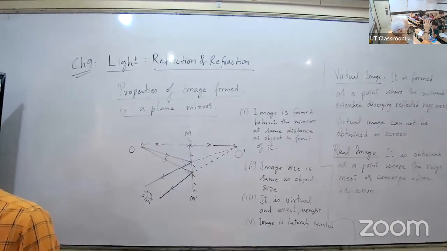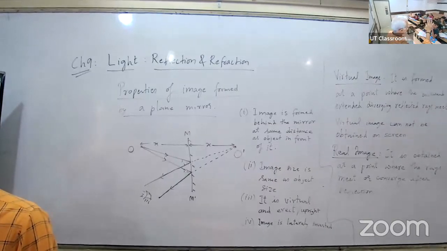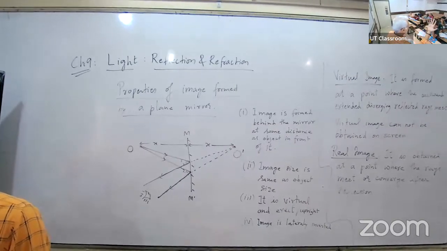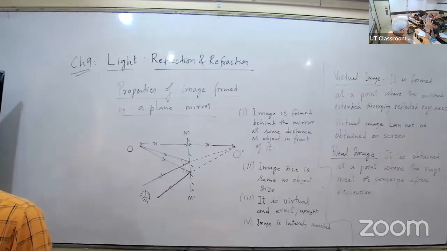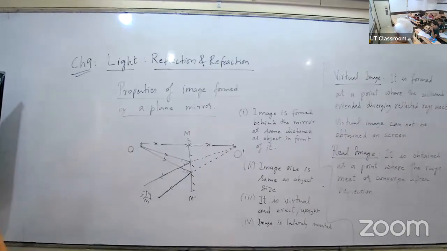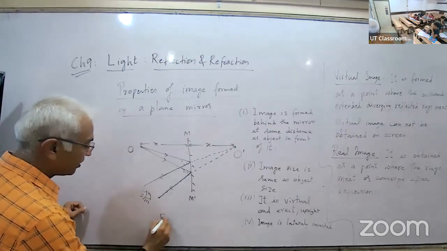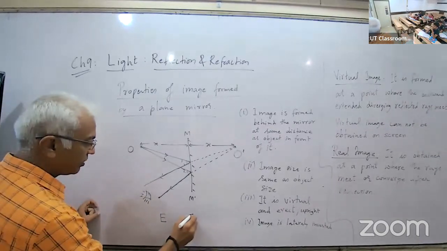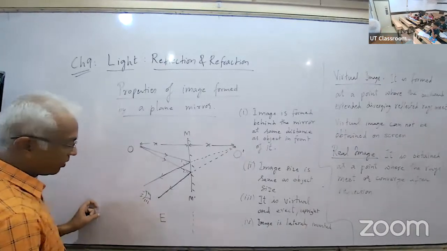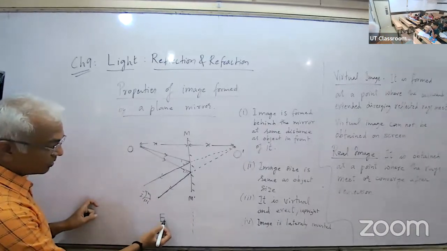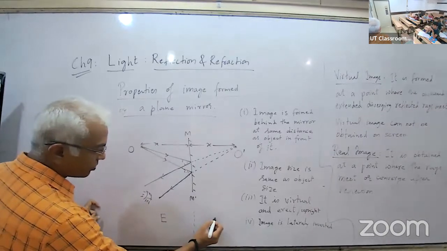So when you do the palm like this, the image will be like this. Okay? You can verify this today in your house. If you see letter E, how will the image be obtained? Which side is closer? This side is closer, so this will appear first.